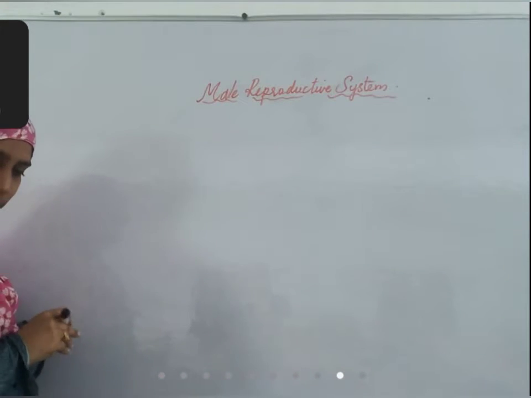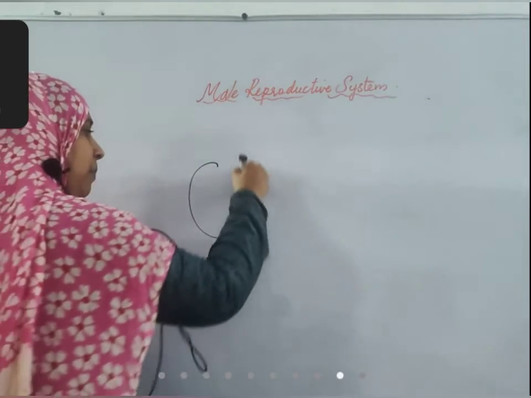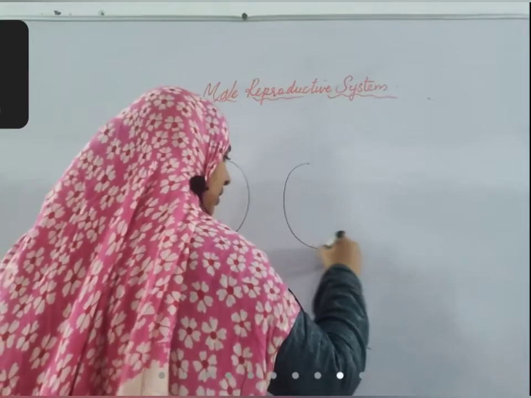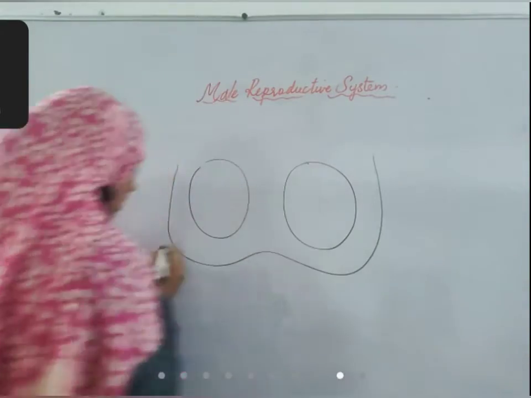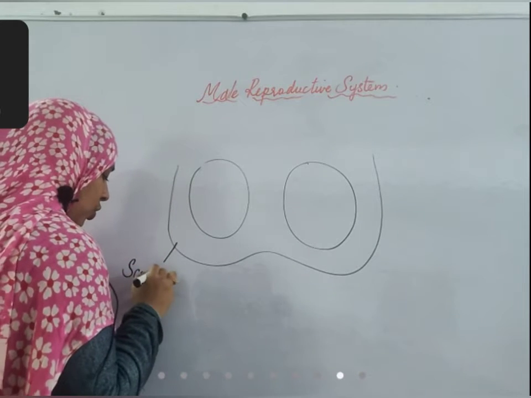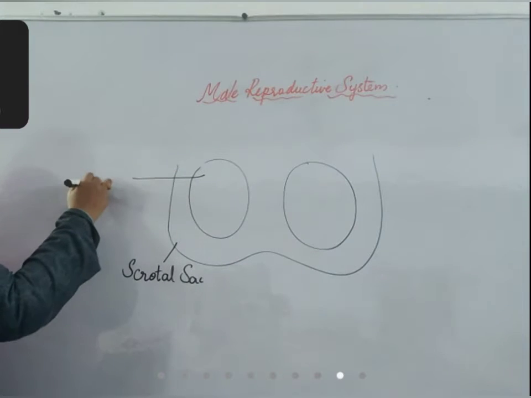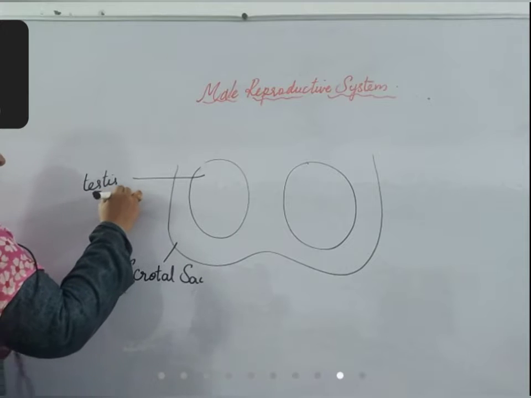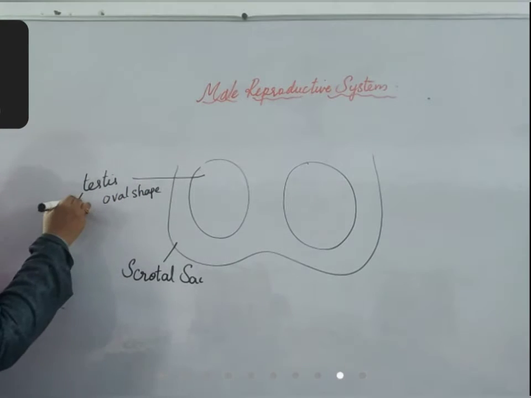So, testis. A pair of testes is present in the scrotal sac. The sac in which the pair of testes is present is called the scrotal sac. And this is the testis, oval in shape. What is this testis?